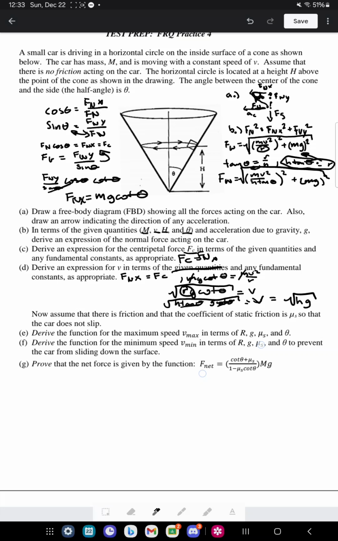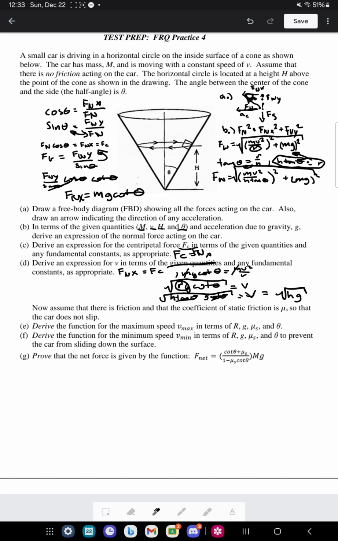For part E, the Vmax with friction. As for the maximum velocity and the minimum velocity, if there is maximum velocity, the car is going to try to move upward as it is going fast, which means that our F of S, static friction, is going to try to move in the opposite direction to keep it moving around on the same plane.